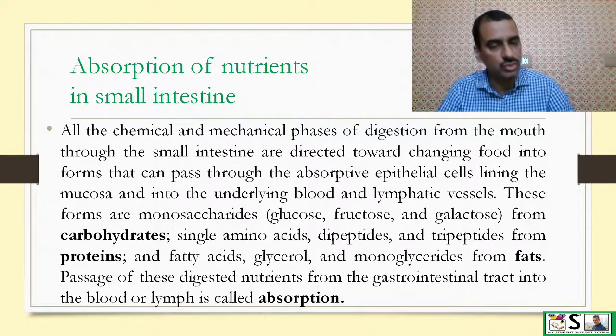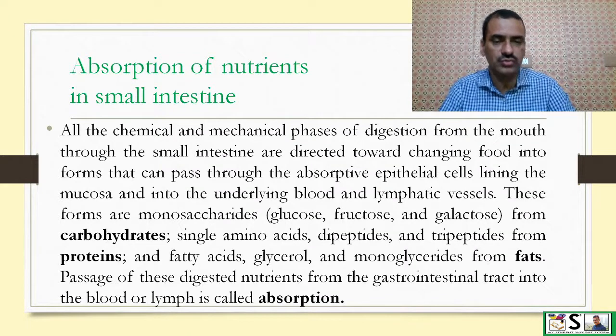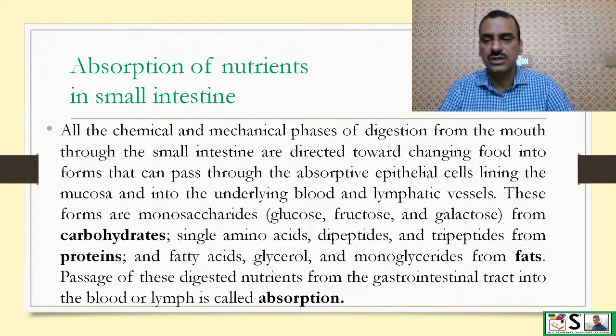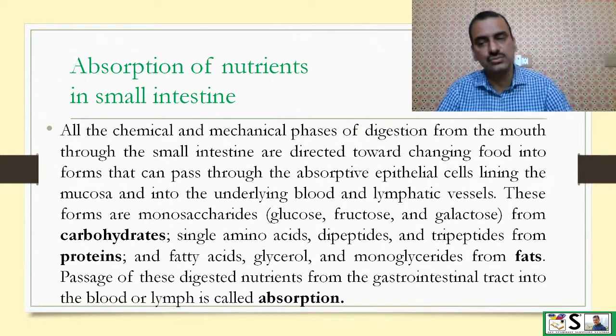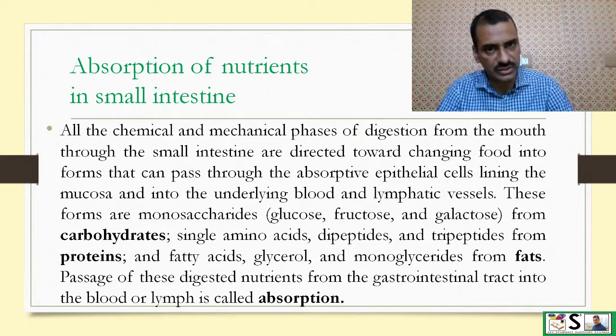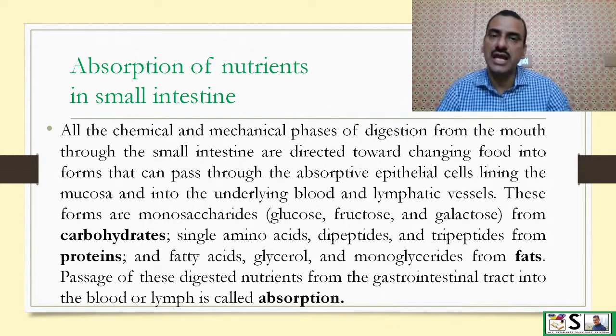These forms are monosaccharides like glucose, fructose and galactose from the carbohydrates, single amino acids or dipeptides and tripeptides from the proteins, and fatty acids, glycerol and monoglycerides from fats. Passage of these digested nutrients from the gastrointestinal tract to the blood and lymph vessels is called absorption.